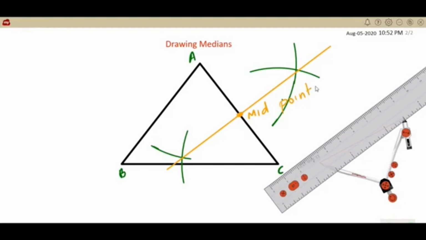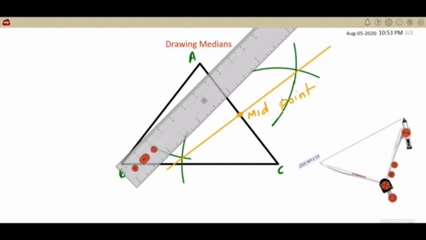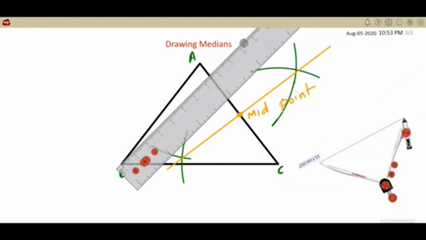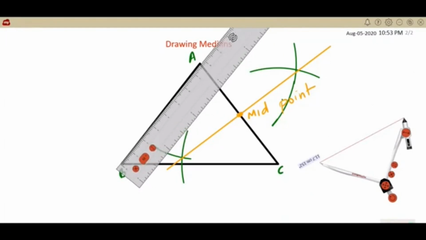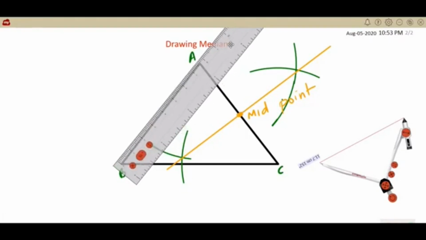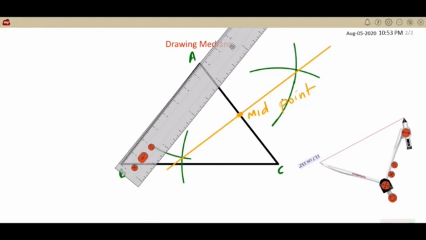Now from that midpoint you have to draw a line connecting to the opposite vertex, that is B in this case. For the other midpoint I am roughly taking, not making it accurate, simply measuring with the scale. I can see almost 7.7, so 3.85, roughly 3.9.